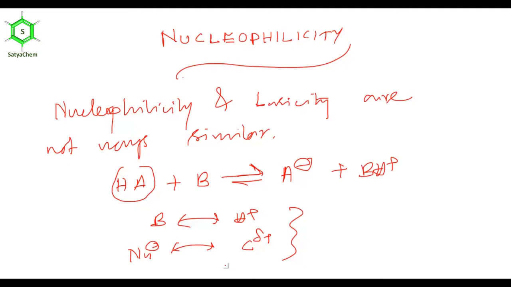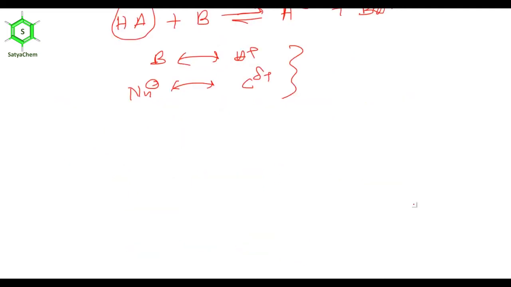Again I am telling you, please try to watch the whole video. You will get some very unique concepts on nucleophilicity and basicity, because these two terms sometimes are in conflict. They are not always the same. They don't always run on the same track. Clear?